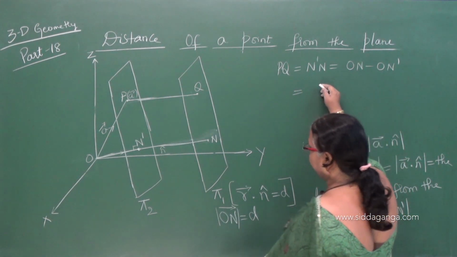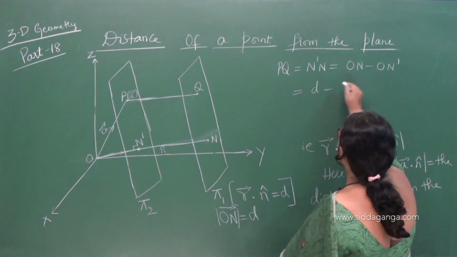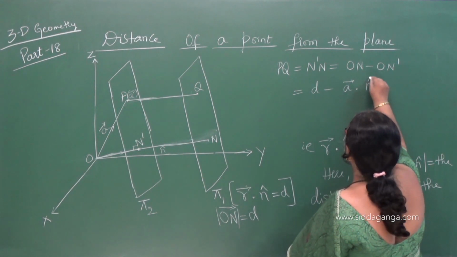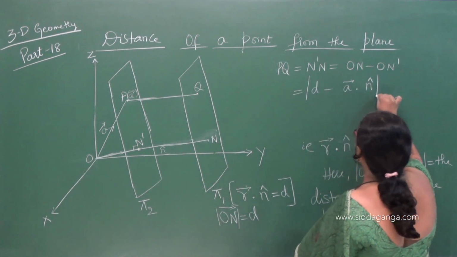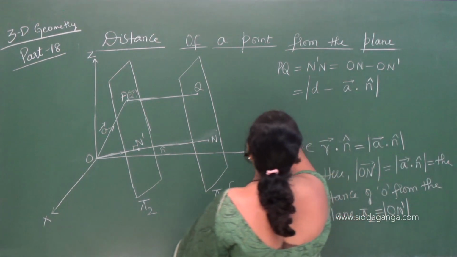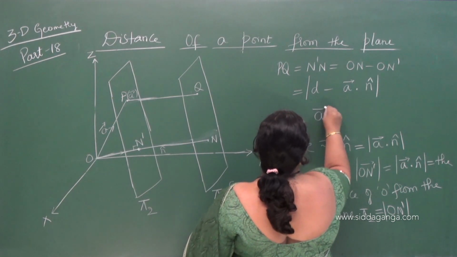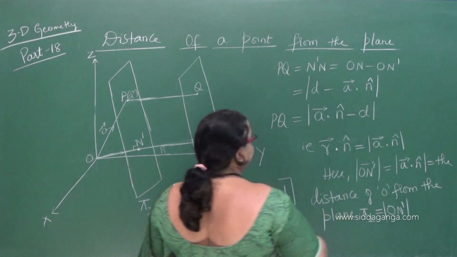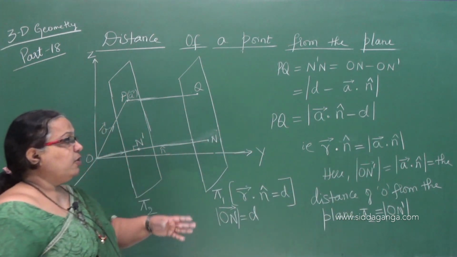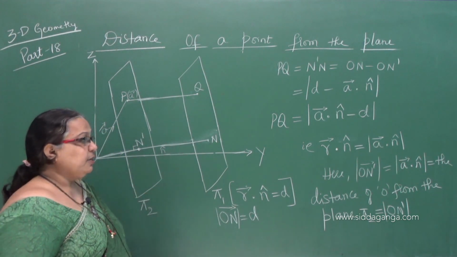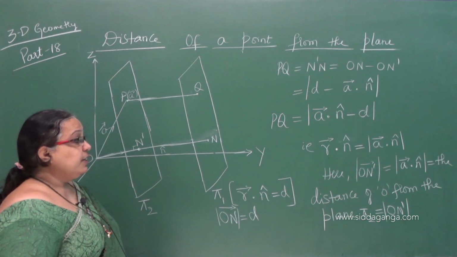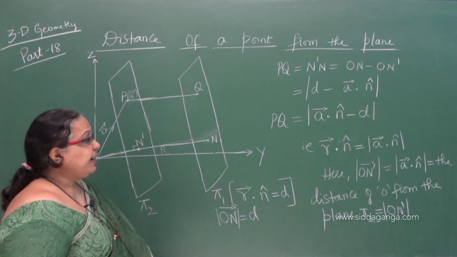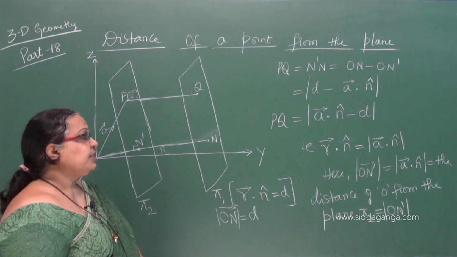Now this is equal to ON distance D minus ON dash distance, which is vector A dot N cap. Since distance is always positive, you take the modulus. Therefore PQ is equal to the modulus of vector A dot n cap minus D. Since there is a modulus, it can also be written as minus D, I have changed sides because of the modulus. That is, modulus of vector A dot n cap minus D.